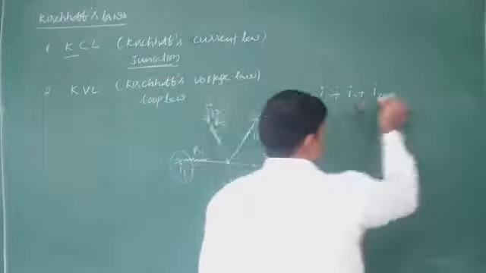That's why minus I1 into P, minus Ig into G, where G is the resistance of the galvanometer and Ig is its current. Now current is moving in this direction, so A is at a higher potential compared to point D. Moving in this direction, the potential value increases, not decreases.